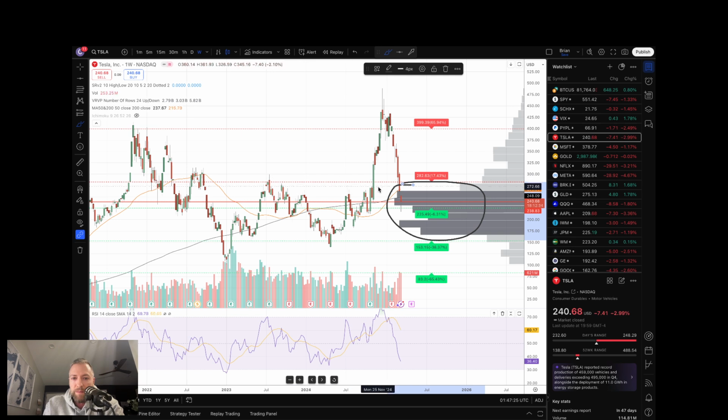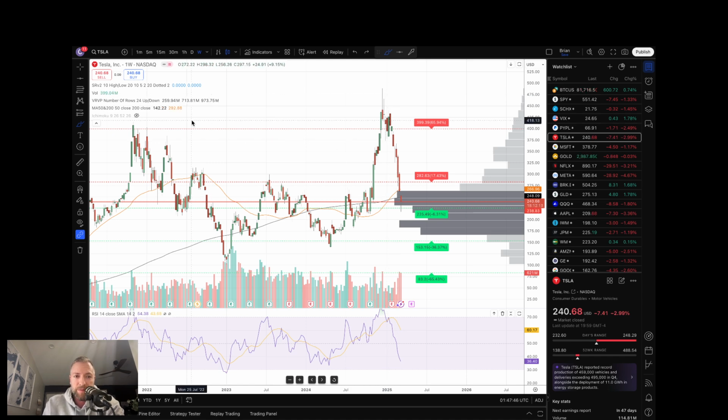Once Tesla broke this resistance line right here, it shot up pretty much right to here, and then started to drop back down. So it could rise up and it could drop down just as fast.